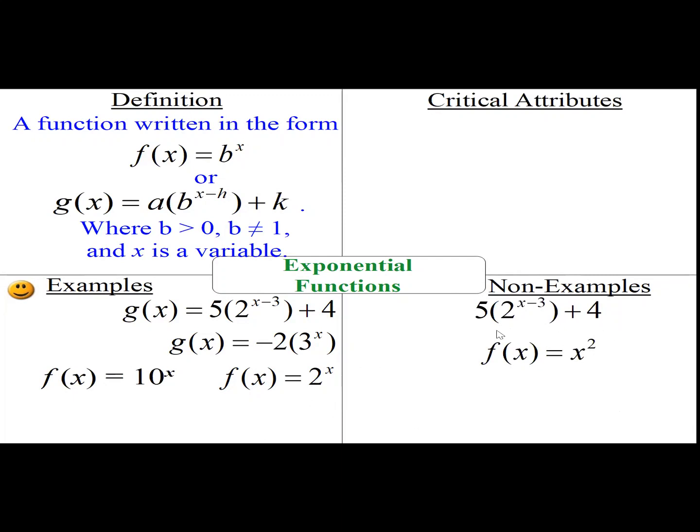Look at them. Why are these not exponential functions? Let's see, help us with that, please. Danny, why are these not exponential functions? There's no g of x or f of x. So this one doesn't have g of x or f of x. Yeah. What else doesn't it have?